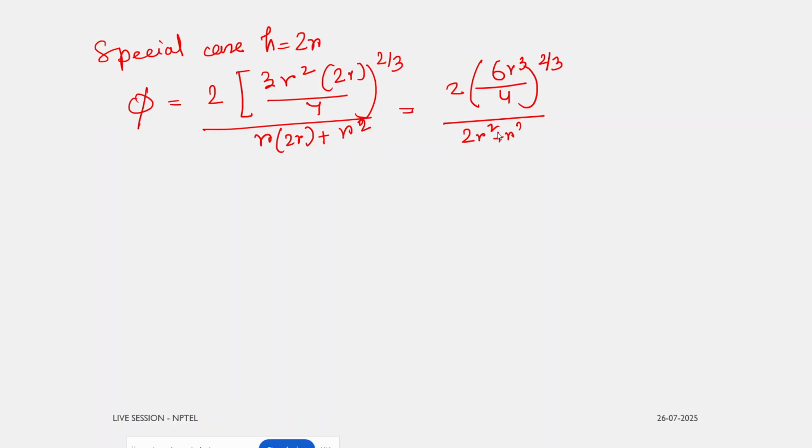After the simplification, it comes around 2 by 3, 3 by 2. So this sphericity for the cylinder comes around 0.874.